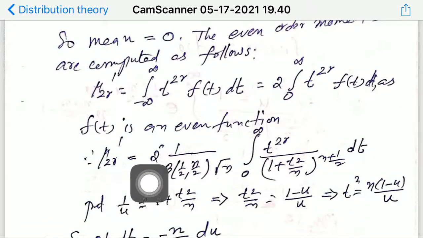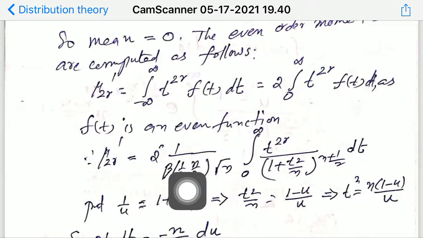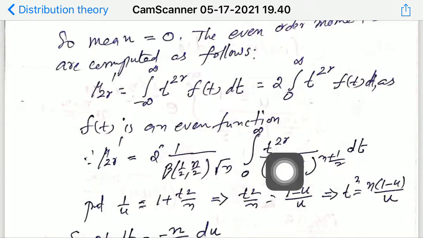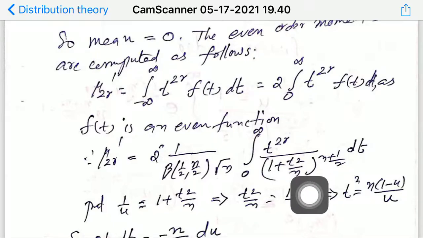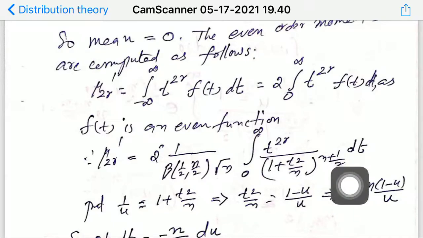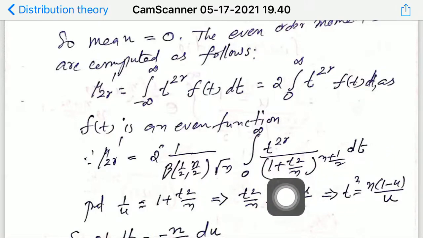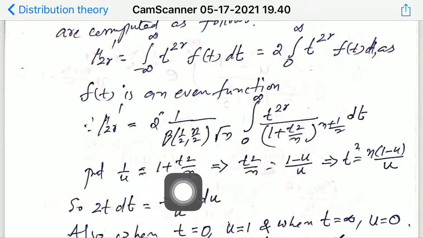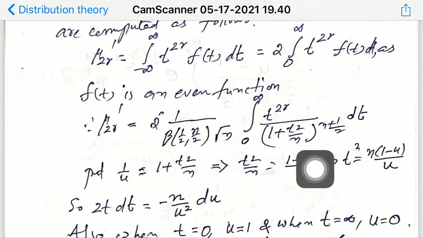So this is equal to 2 into 1 by beta of 1/2, n/2, root n, integral 0 to infinity t to the power of 2r divided by 1 plus t square by n to the power of (n plus 1)/2 dt. And you integrate this using a substitution procedure. 1 by u is equal to 1 plus t square by n, and integration will yield these things.